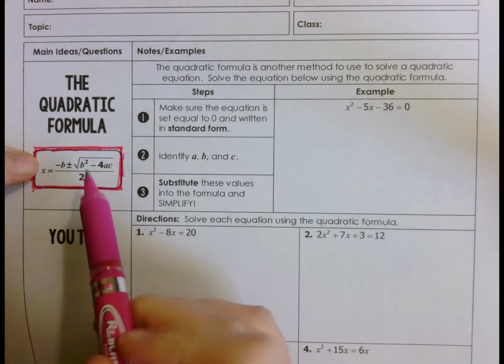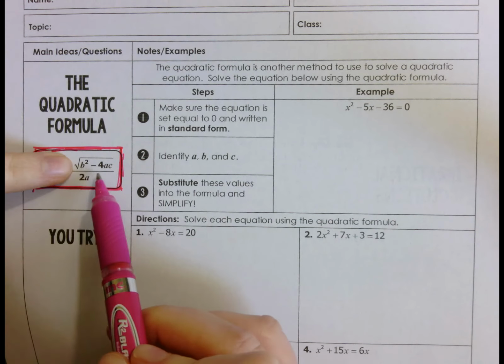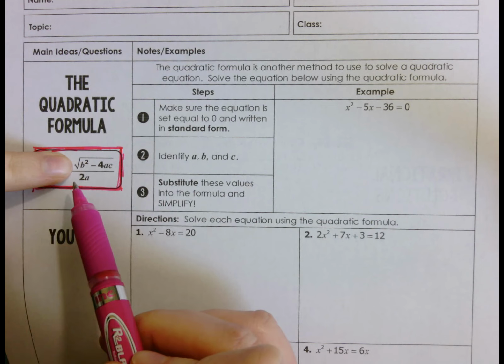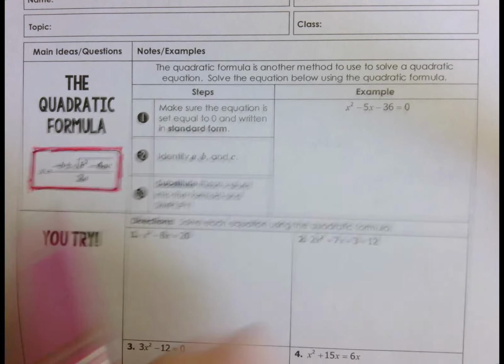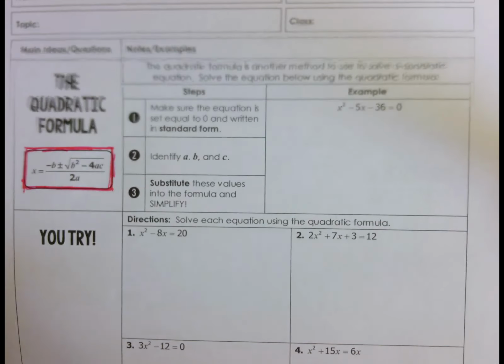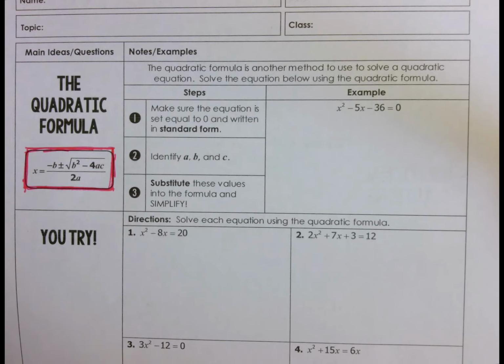If you'll notice, parts of this formula are familiar to you, or should be. So b squared minus 4ac, that's what we used for the factor test to find out if something could be factored. It's also what we used for the discriminant to find out how many solutions a quadratic would have.